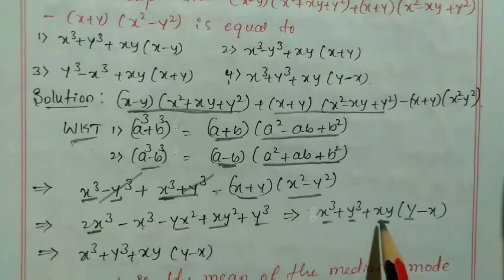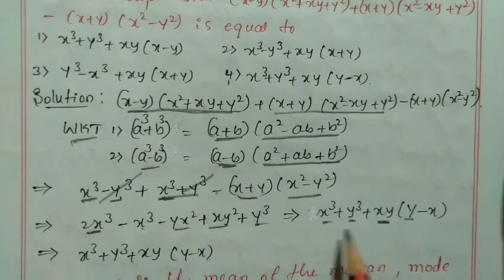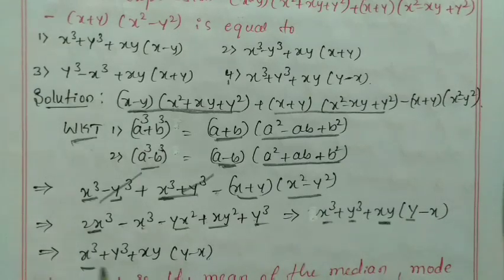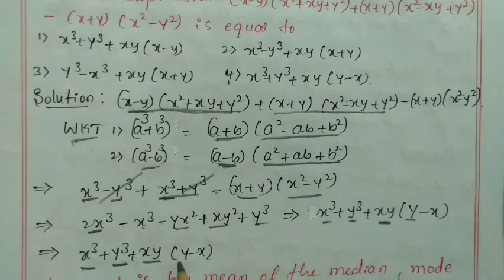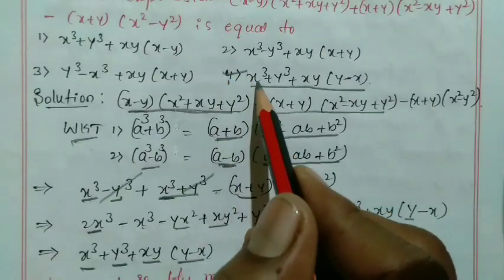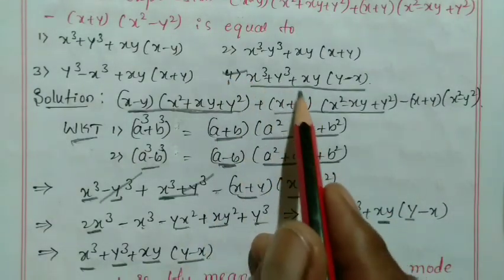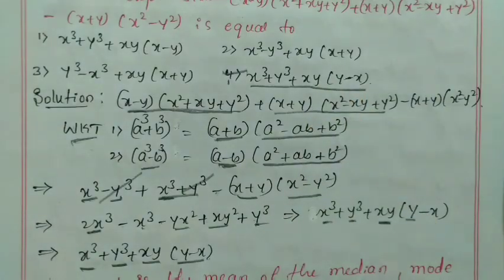This x square is there, already x you taken common, remaining 1 x you can write as it is. Then this becomes x cube plus y cube plus xy into y minus x. So this is the correct answer. The fourth one is the correct answer, that is x cube plus y cube plus xy into y minus x.